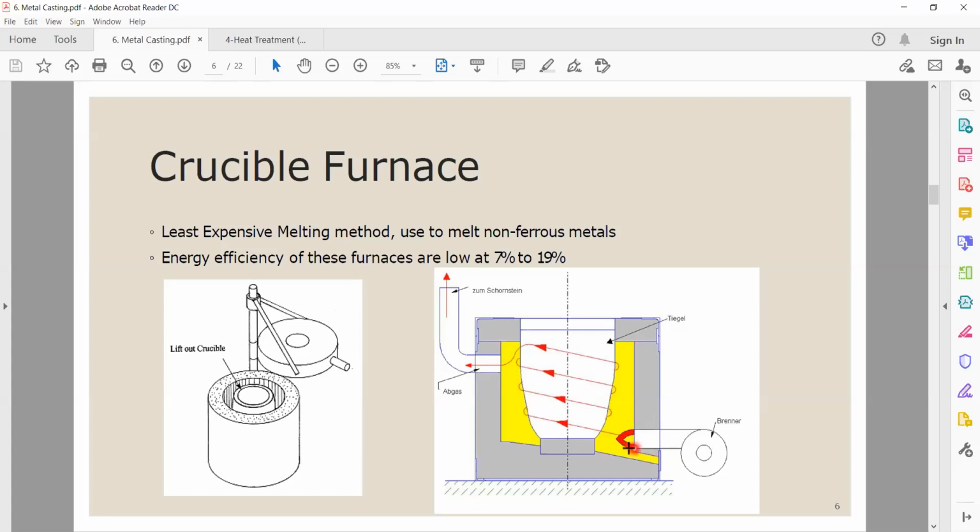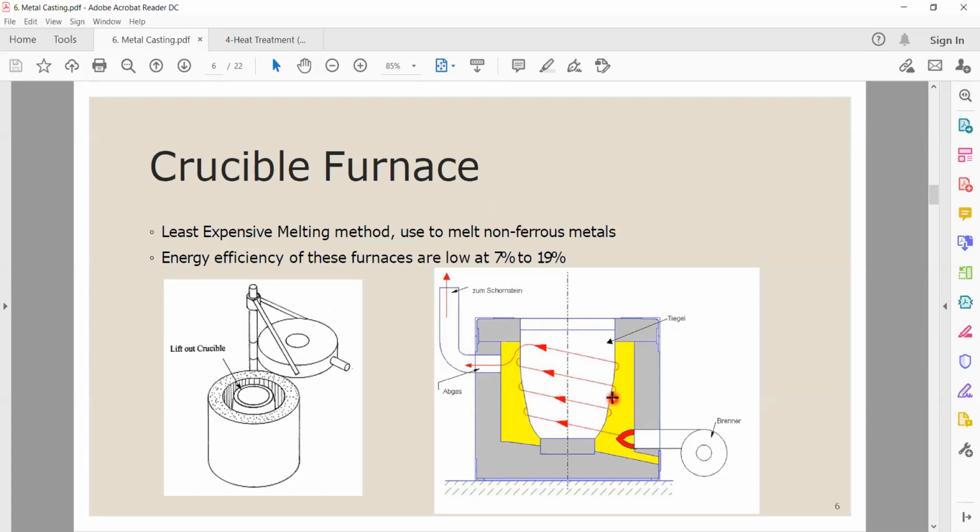Heat is passed along this way, and then excess heat can be removed from this way, right? The important thing is that only non-ferrous metal can be heated or melted using this crucible furnace.